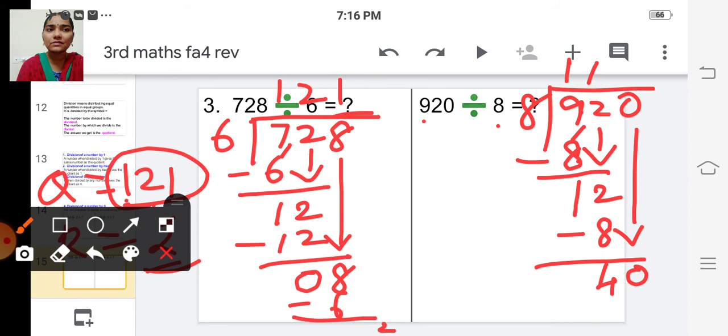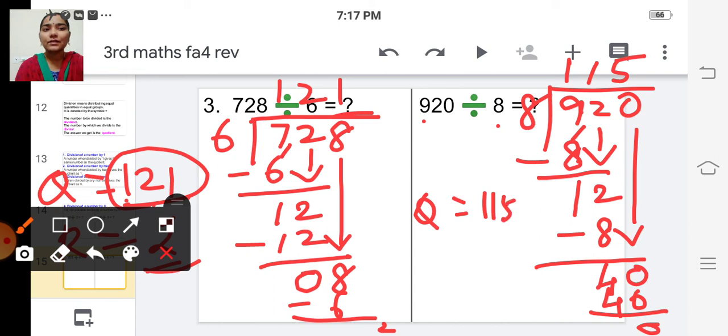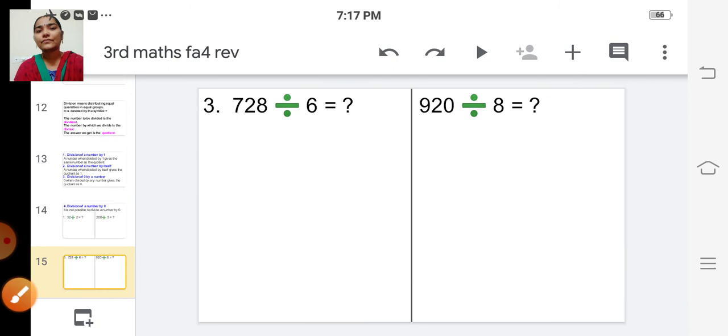So 5 times it will go. 8 fives are 40. So the remainder is 0. So for this problem, quotient is 115 and remainder is 0. Is it clear, children?